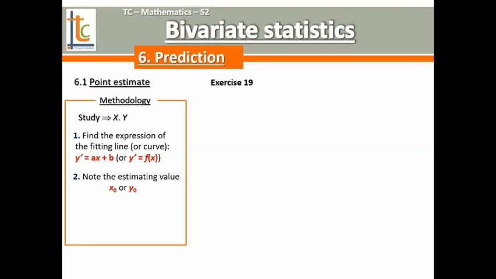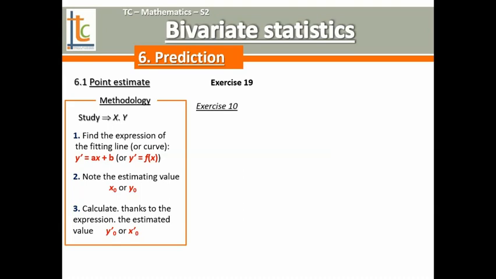So it's a given value of x or y that is given in the statement of the exercise. And then you have to use the expression in point 1 to calculate the other variable that will be your prediction. Let's take the exercise 19 as an example.